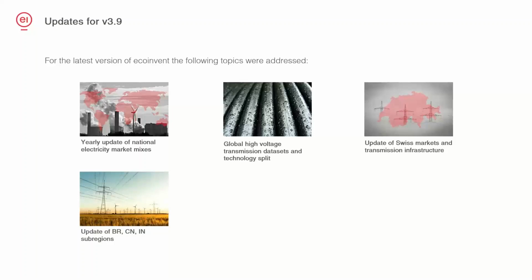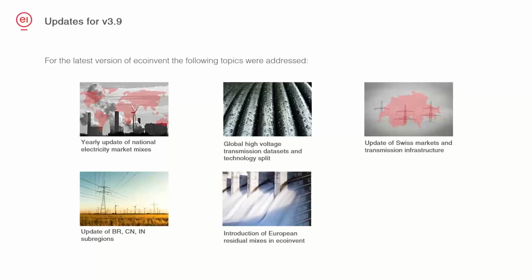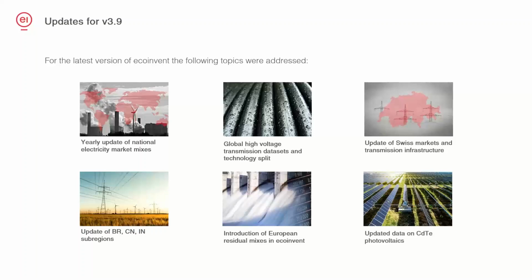We created update procedures for Brazil, China, and India, which were previously excluded from regular updates. For the first time ever, we add datasets on residual mixes to the attributional system models. And lastly, we received an update for datasets on cadmium telluride photovoltaic laminates.